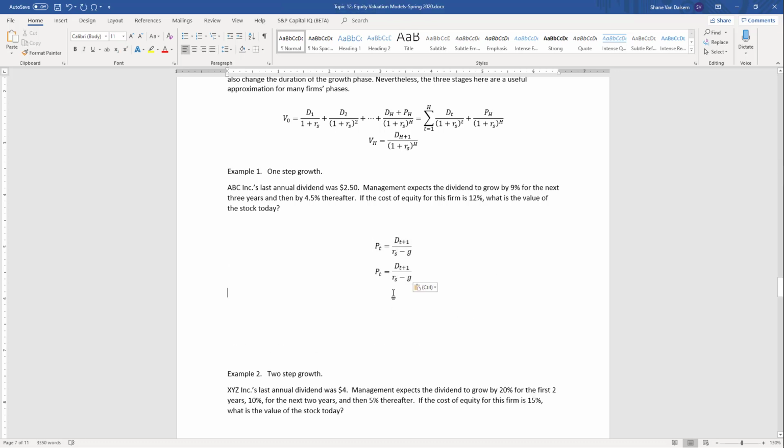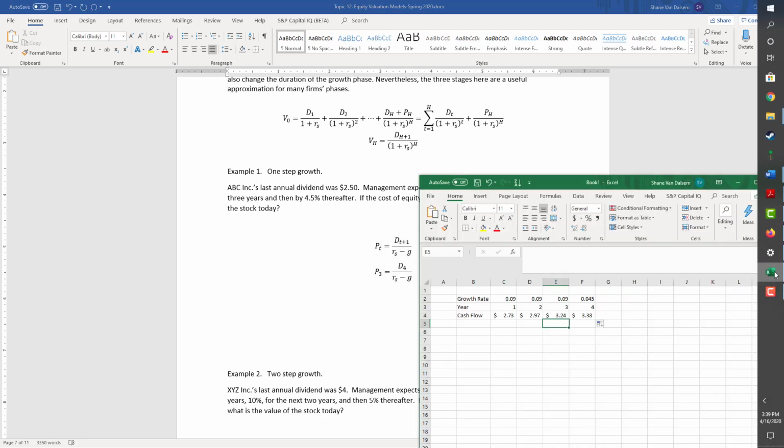So the price at time 3 is equal to the dividend at time 4 divided by the required rate of return on equity minus the growth rate.